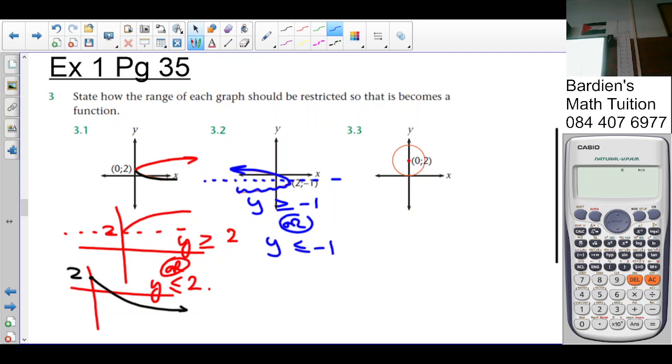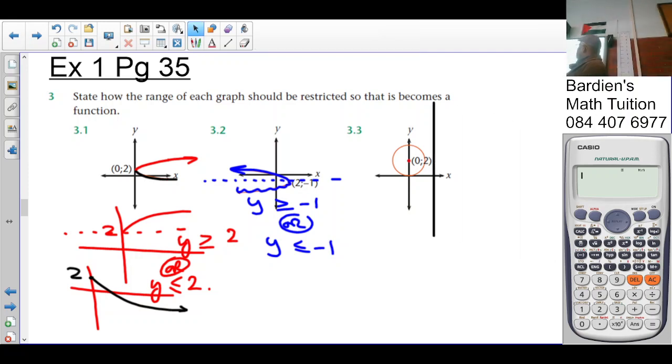If we look at number 3.3, why is this not a function? It does not pass the vertical line test, cutting that vertical line more than once. What type of relation is that? Many to many. Why?